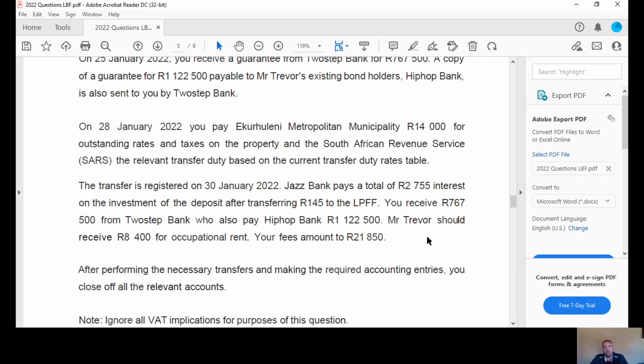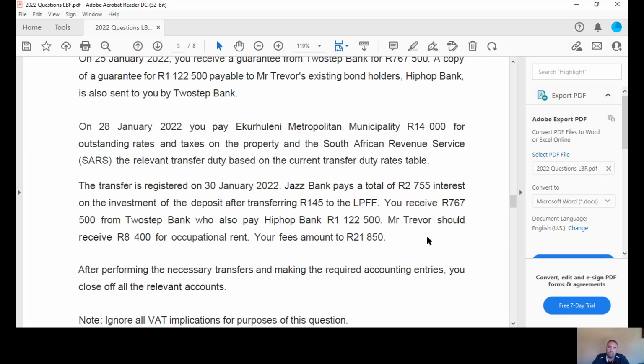Okay, so you also make the transfer duty payment, so you're going to have to Google whatever the latest rates table is, and then work out the transfer duty based on that. Okay, and again, it's a trust cash book payment for transfer duty, but you've got to figure out who pays it, Mr. Buyer or Mr. Seller. The transfer is registered on the 30th of January 2022.